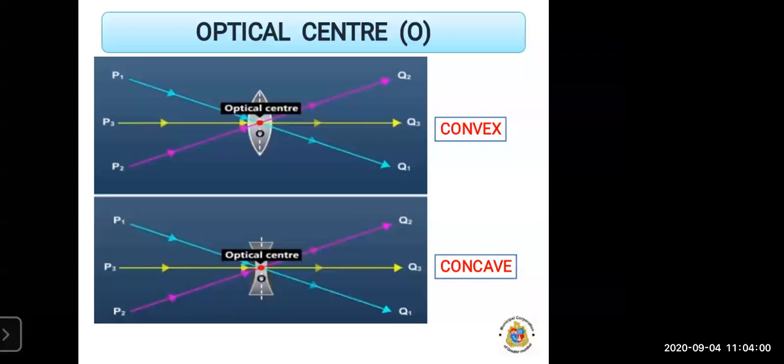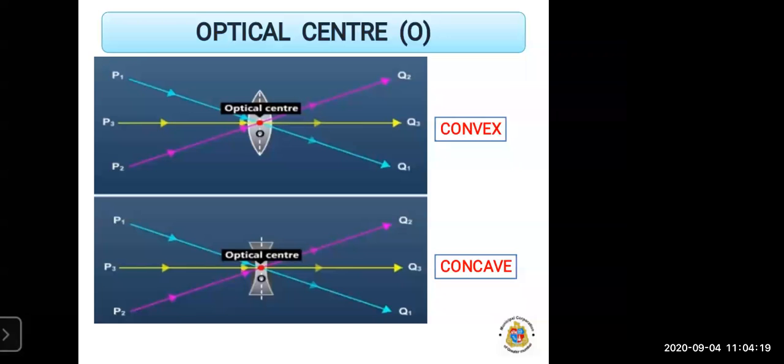Okay, and when they get refracted from one surface, that is, when the light rays are incident inside the medium, like the convex lens, what will happen after that?